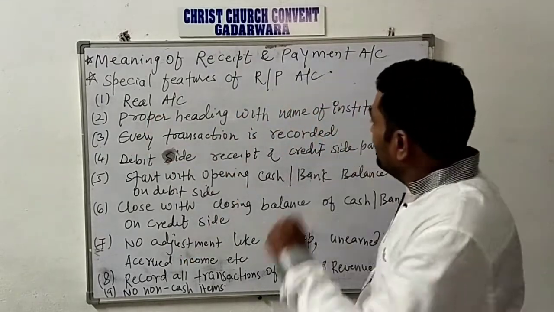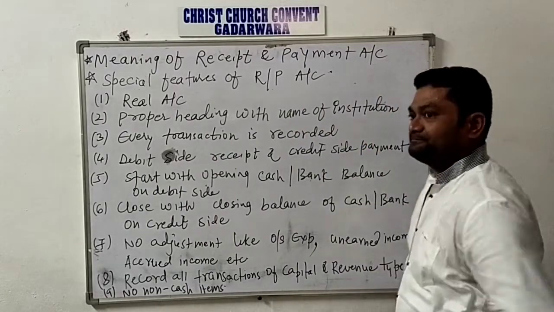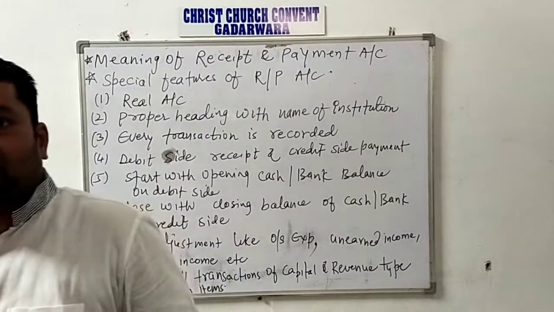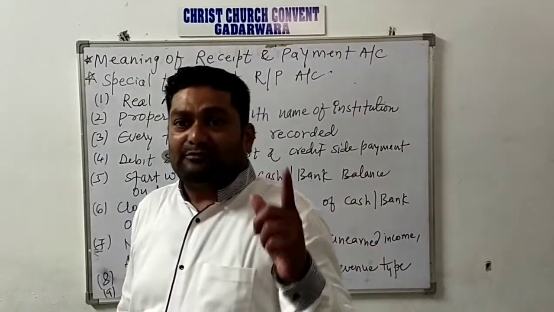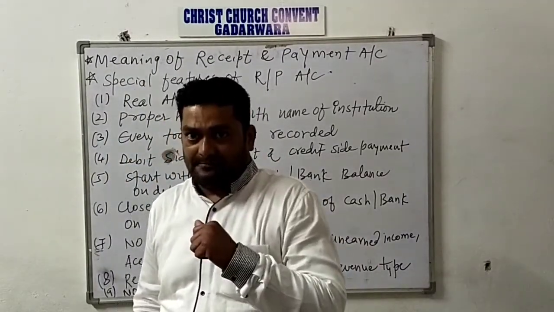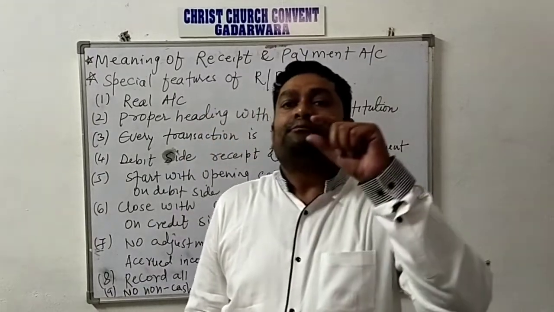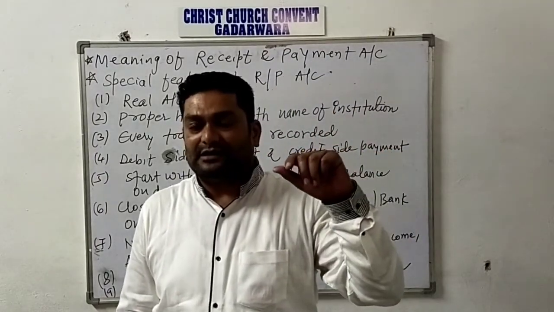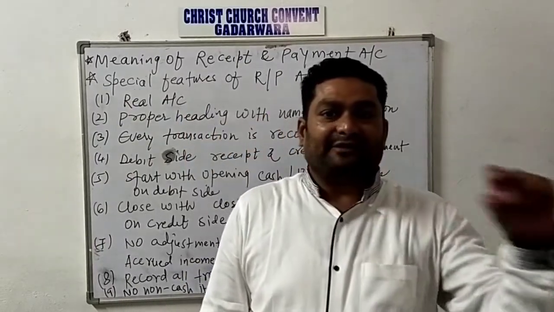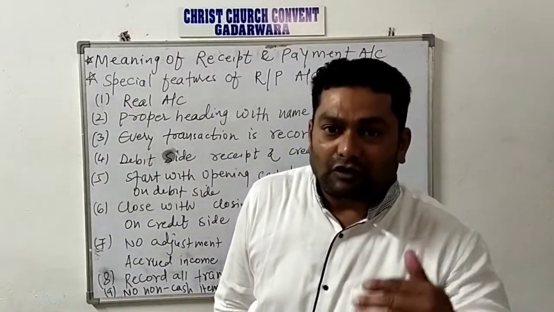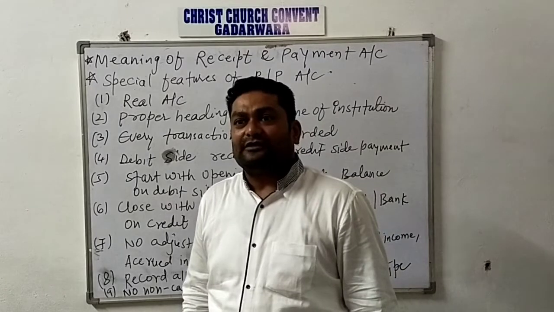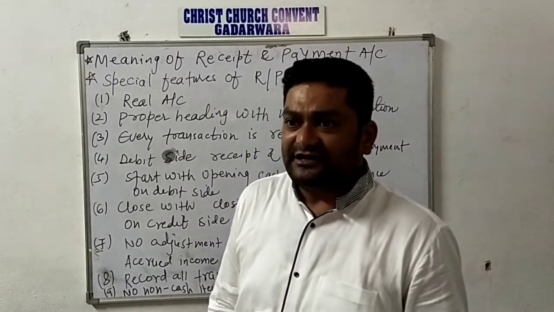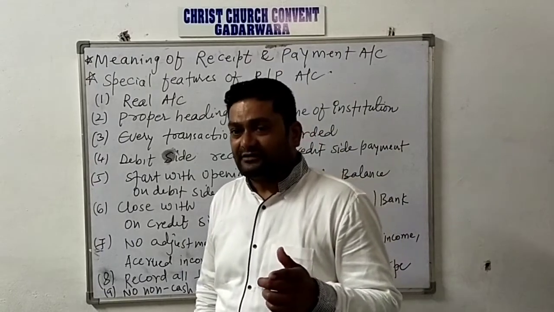Okay. Second, when it is made, a proper heading is written on the top of the account along with the name of organization. So first of all, name of organization, its address, then receipt and payment account, and for the year ending, whichever financial year is there, that financial year along with date is mentioned.